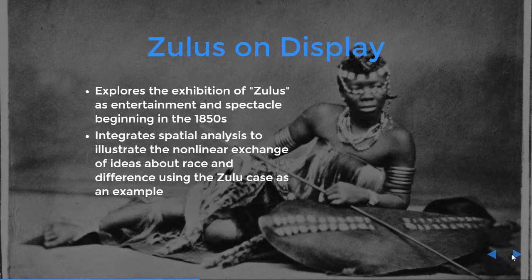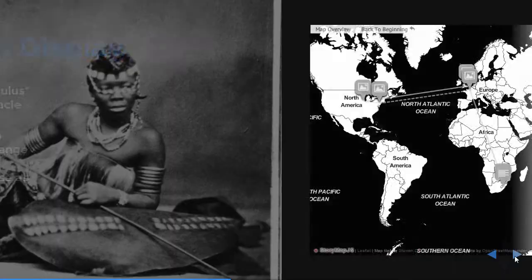I'll show you how StoryMap works, but also because it illustrates that this exchange of information, the exhibitions of Zulus, wasn't just something that went from South Africa to Europe and stayed there, but these ideas went back and forth, back to South Africa, to England, to France, to Belgium, to the United States, and they really circulated, and that's something that the map displays really, really well.